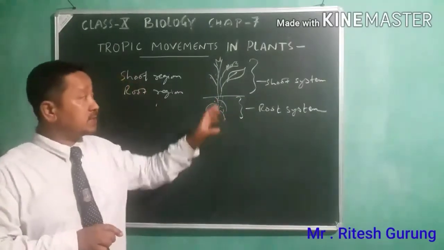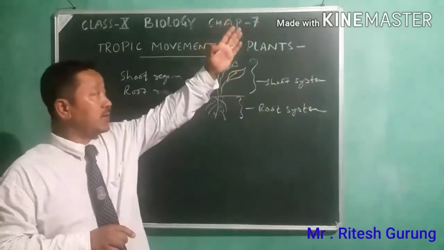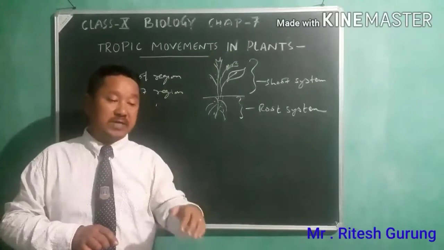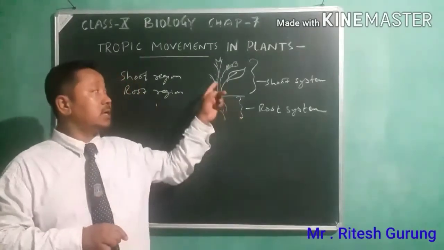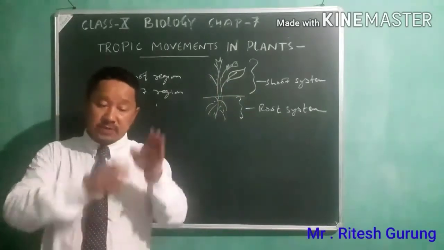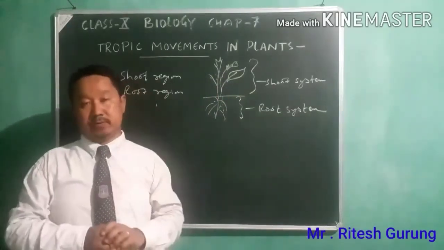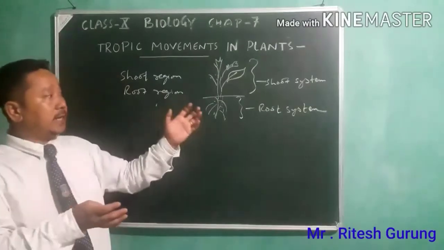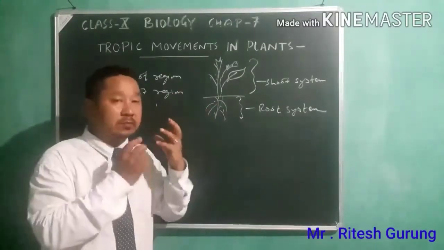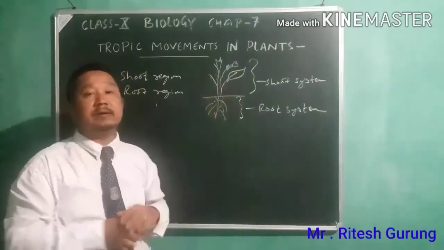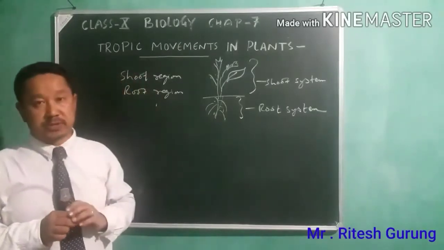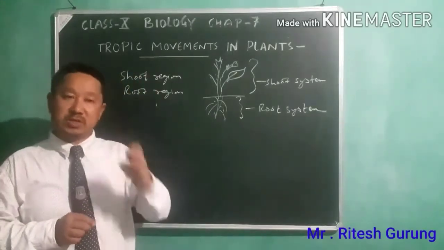So it must grow towards the source of light, and it must grow towards the place where water is there, and also support the plant to fix itself to the soil. That means the direction is fixed here. If they go in another direction, then something wrong will happen in the plant's life. The direction should be in correct proportion to their movement, to their response.